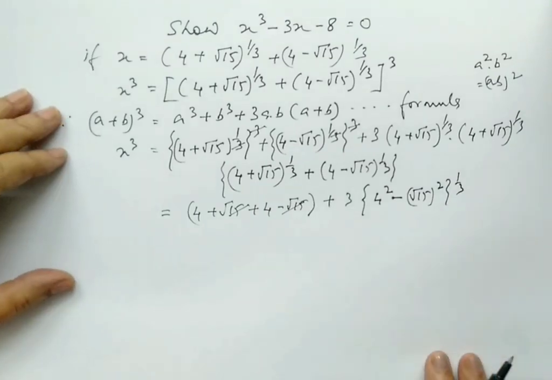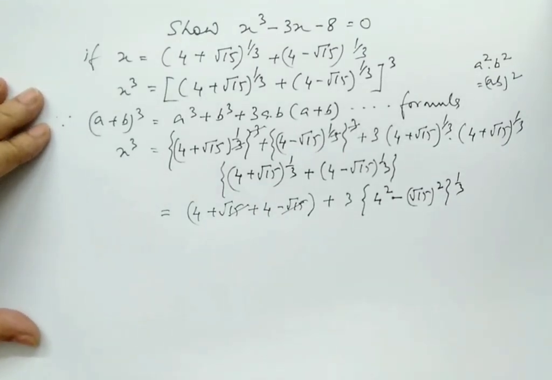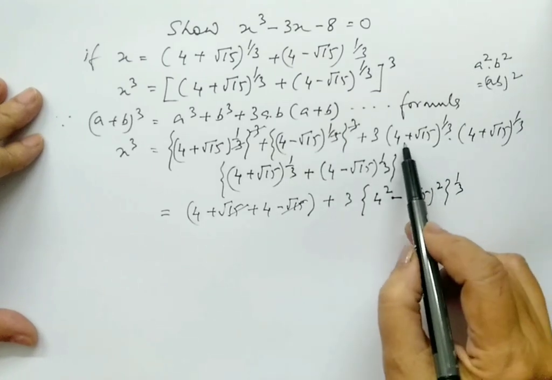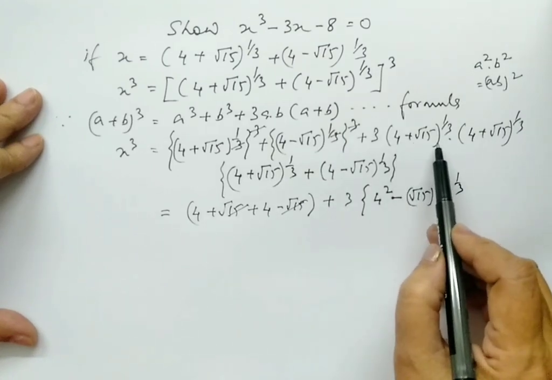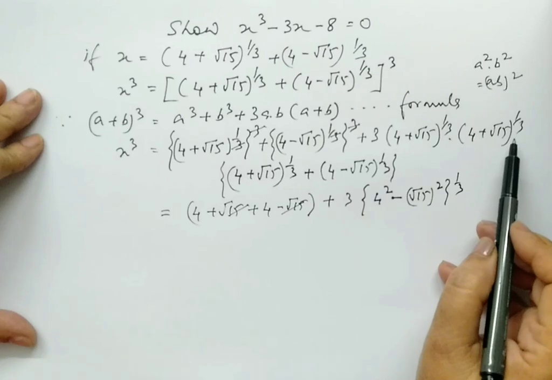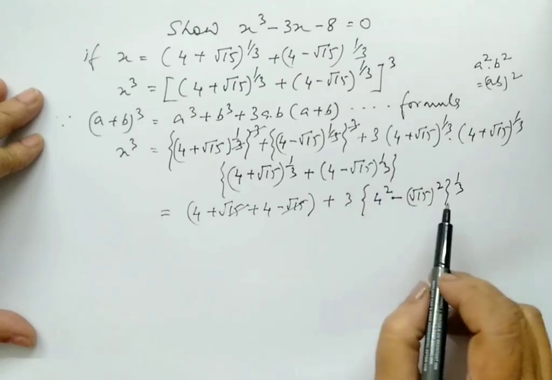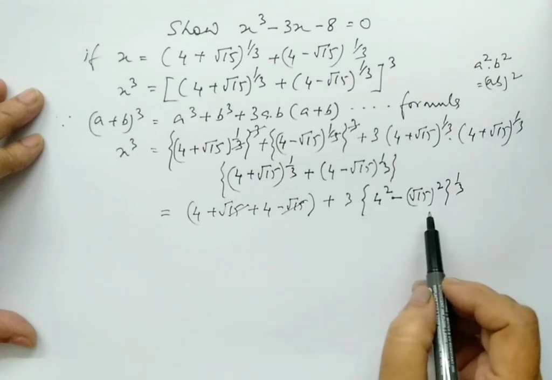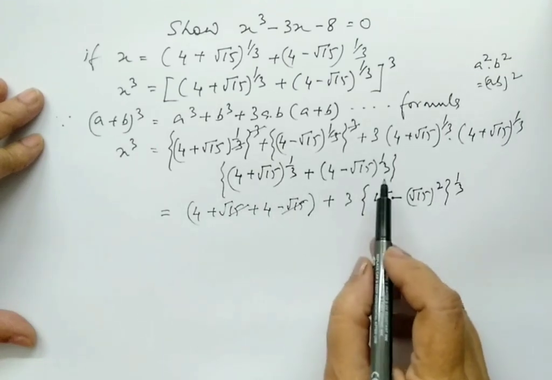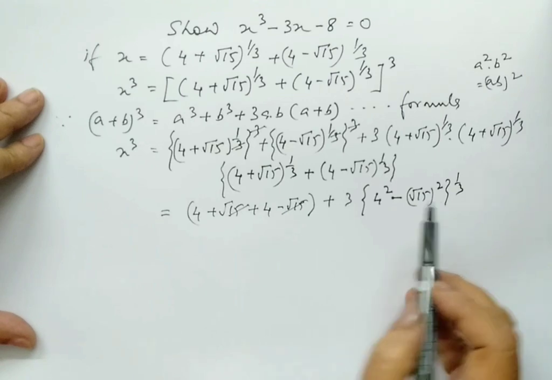Okay, so not clear? So this is a plus b and this is a minus b. Okay, I'll give the reason at the end of it. Let me complete this, then I'm going to explain this again.